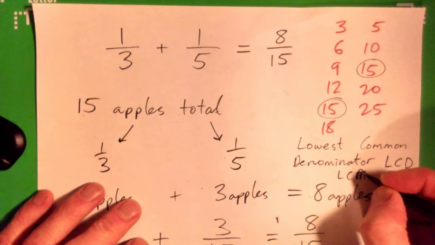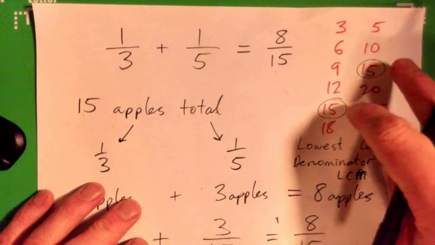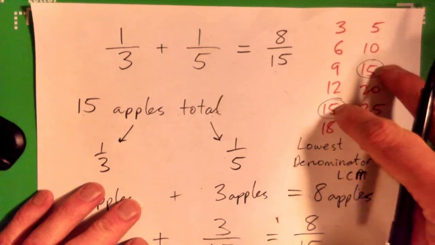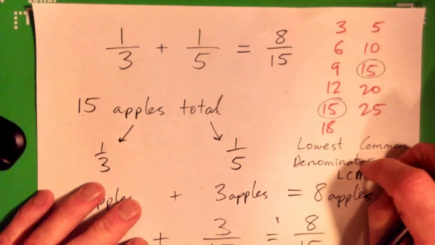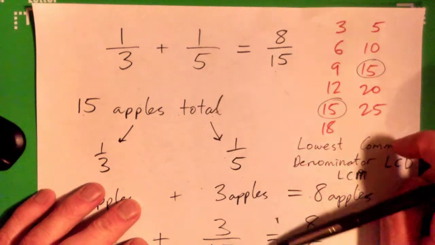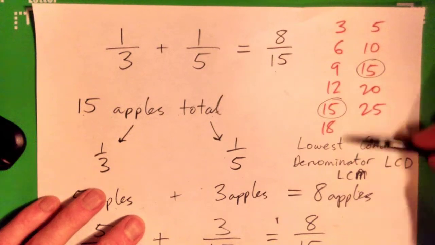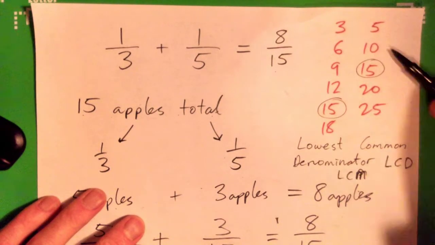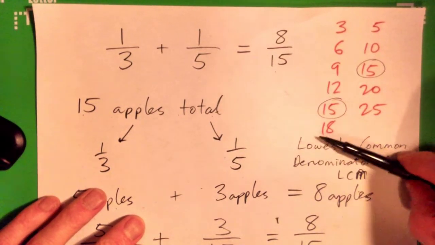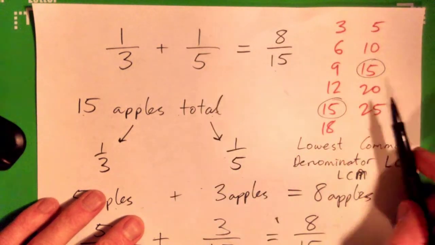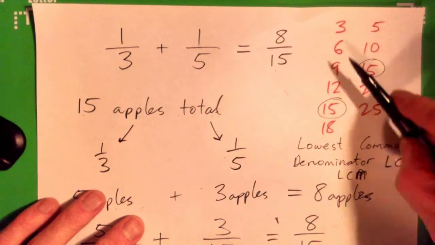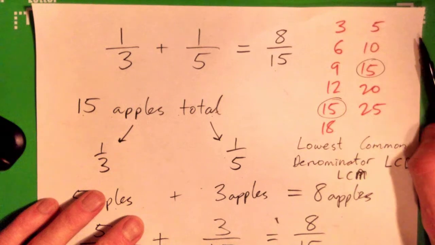The lowest number where, when you list the multiples, it's the first one that shows up in both lists, isn't it? Right? We found the lowest common denominator just for fun over here. I'm just saying, did this make sense? This is the lowest number that 3 and 5 both go into, right?